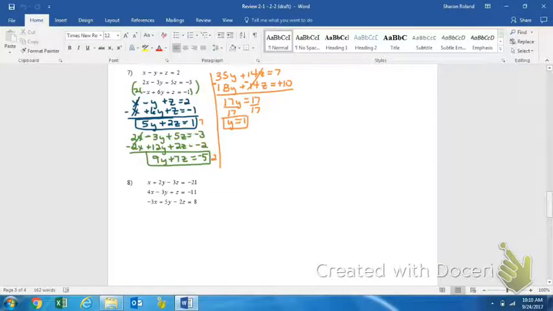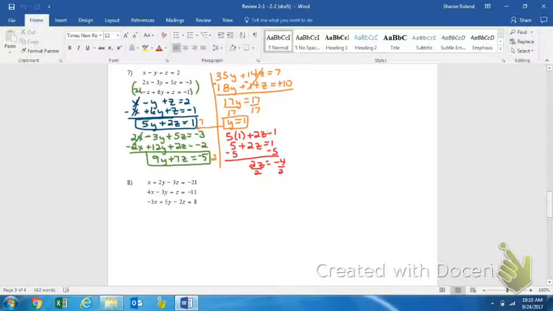Okay, I'm going to plug y into this equation. And that's going to be 5y, except I know that's 1, plus 2z equals 1. 5 plus 2z is 1, and you subtract 5 from both sides, and you have 2z equals negative 4.